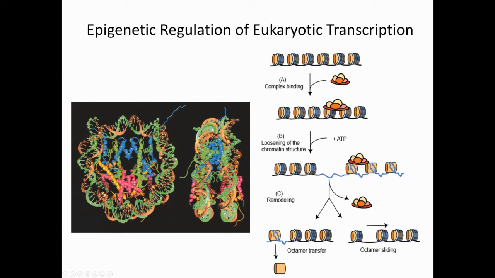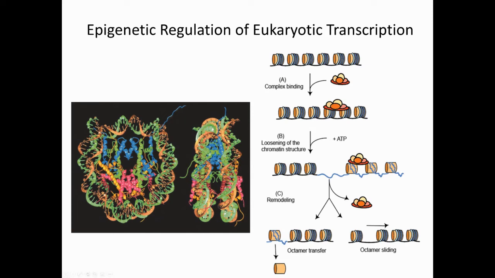In order to make the DNA available to the transcription activator and the general transcription factors, we have to remove the nucleosome so that the DNA will be available. There are two mechanisms that we can use to perform this job. One is the chromatin remodeling complex to remodel the chromatin, and the other one is histone modification.